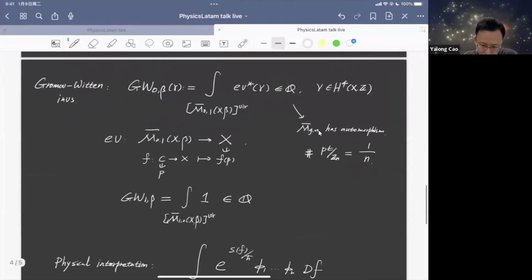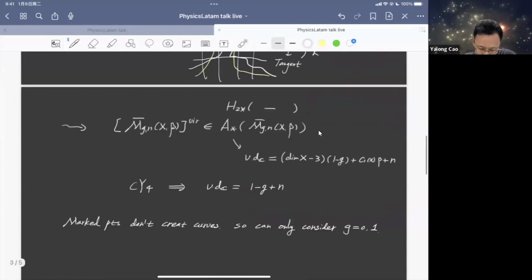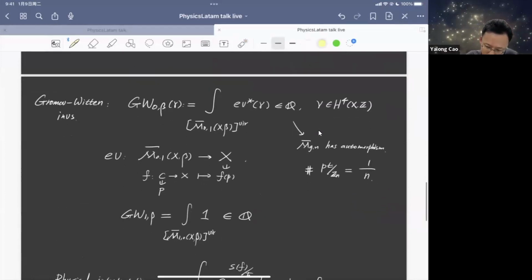Okay, so now the things we are interested in are these rational numbers. Because the geometric meaning of such Gopakumar-Vafa invariants is a count. Let me draw a picture. It's a count of curves.